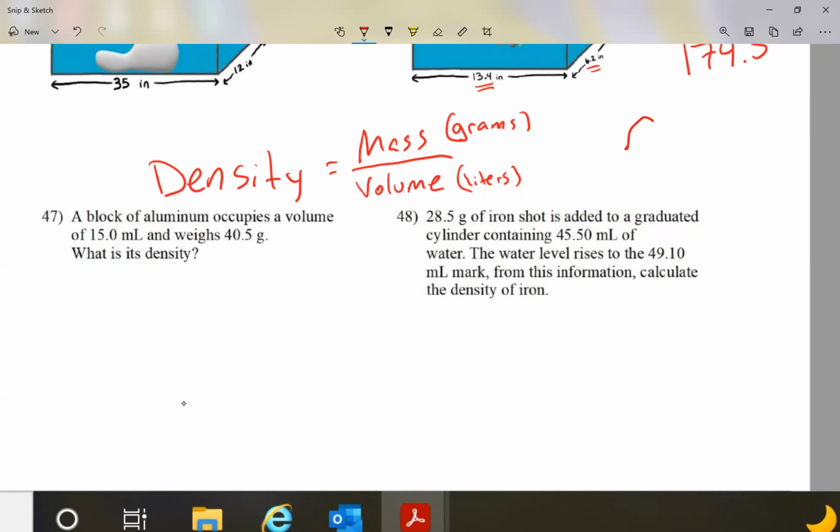Because if I write mass as an M and volume as a V, you guys can see that density is mass divided by volume. So think of it as a heart. Hopefully right now you guys are writing down the formula. But what about a few years from now? Oh crap, what's the formula for density? Mass divided by volume. Think of a heart.